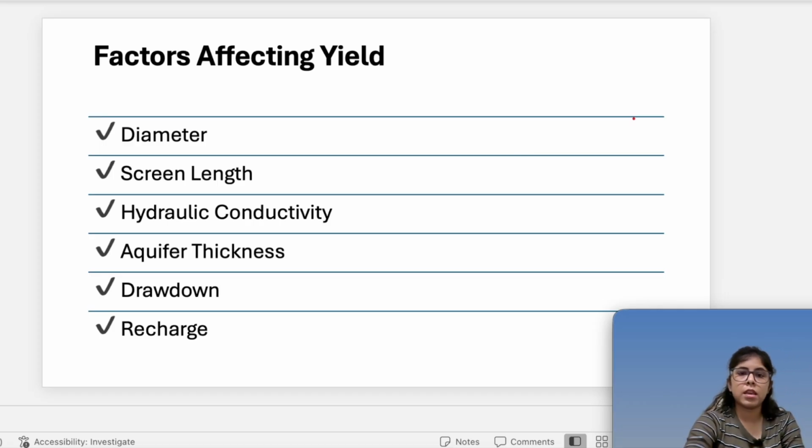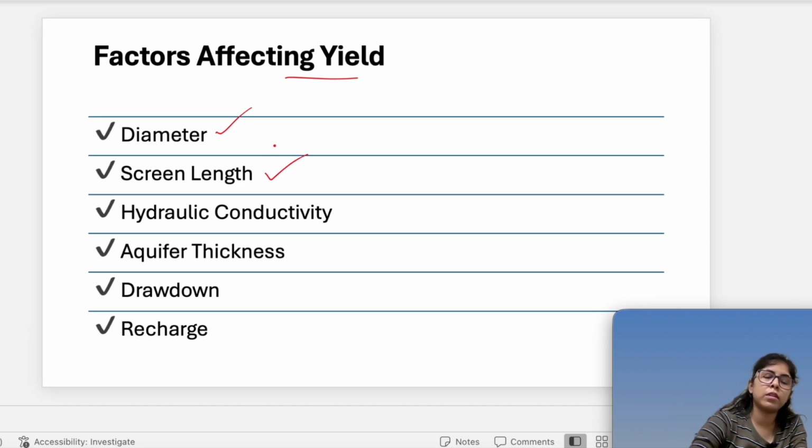Now we should see what are the factors which affect the yield. It's the same as we were seeing in the open well. So first is diameter. The more the diameter, the more the yield will be. Screen length: the more the screen length, the more water will be stored. Hydraulic conductivity, more flow. Aquifer thickness, more water is there, so we'll be getting more yield.